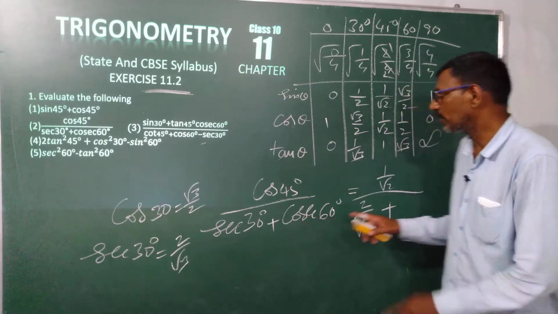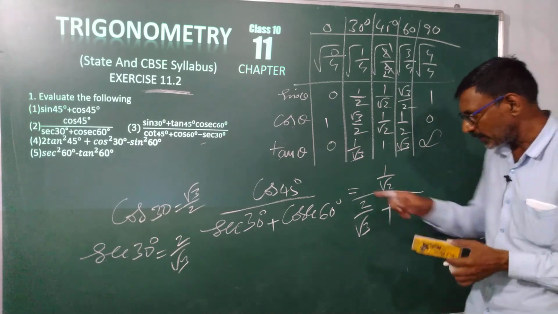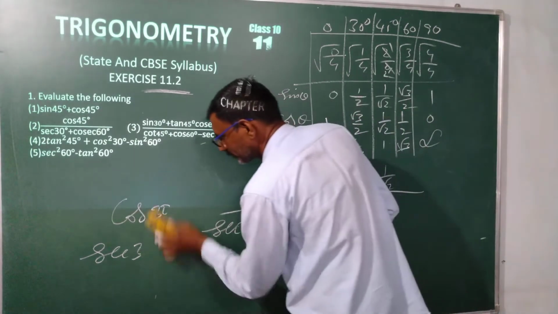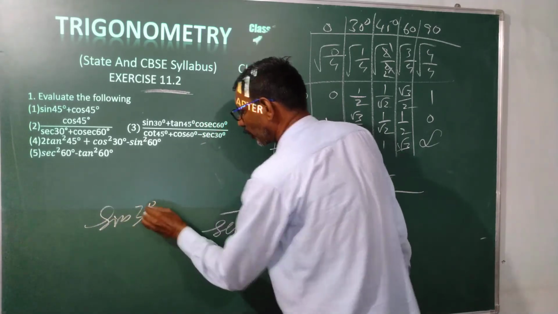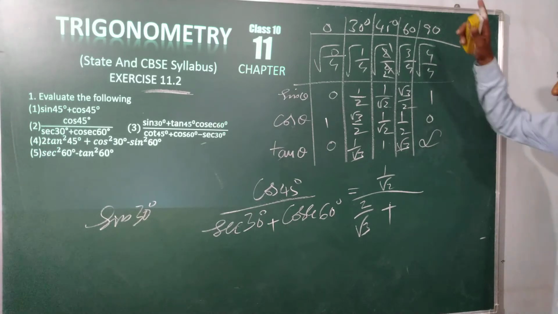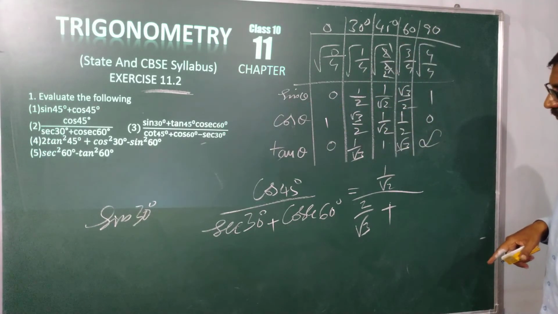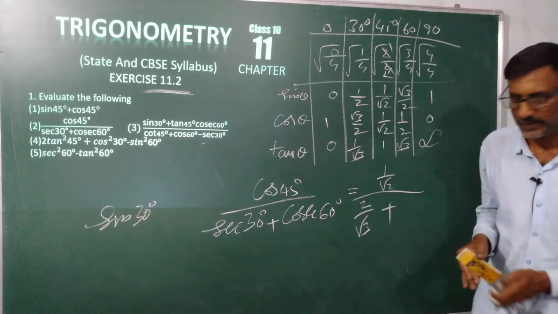Cosec values are not there in my table. That's the reason: its inverse ratio is sine. Sine 30 degrees. Okay. Sorry, 60 degrees.